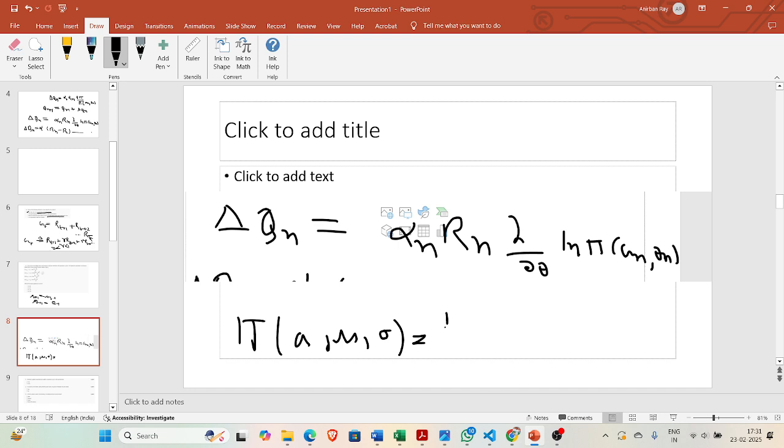The probability distribution is 1 upon under root 2 pi sigma square, e to the power minus a minus mu square by 2 sigma square.